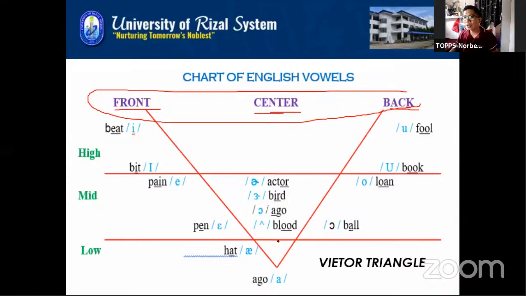So this is how we use the Vitor triangle, which will guide us in order for us to pronounce the words correctly. Let's say for instance, we pronounce the sound of long E. It is produced when the tongue moves forward, the height of the jaw is high, and the duration of the sound is long.